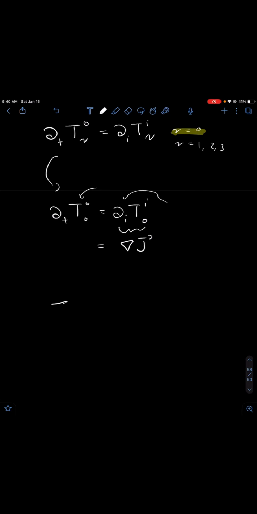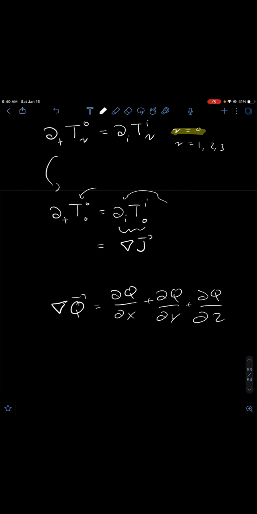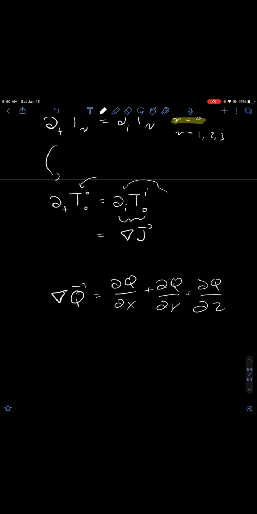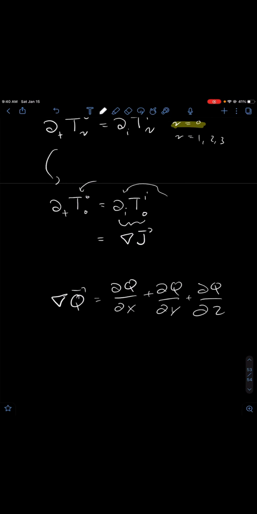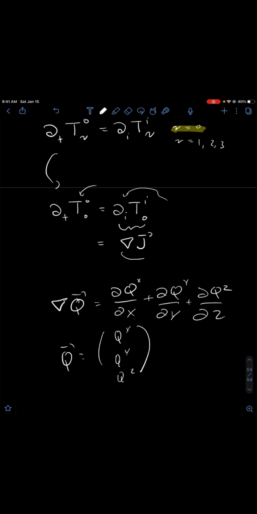For example, the divergence of some field, let's call it q, is just partial q over partial x plus partial q over partial y plus partial q over partial z, right? And this should be the x component, the y component and the z component of the field, by the way. And we expand the field as qx, qy, and qz. That's where this is coming from. So it's not anything mysterious. That's what I'm trying to show.